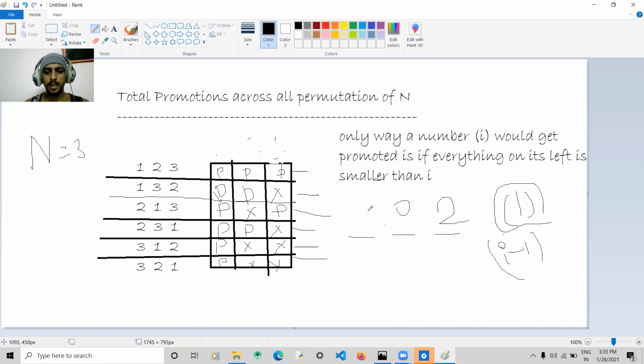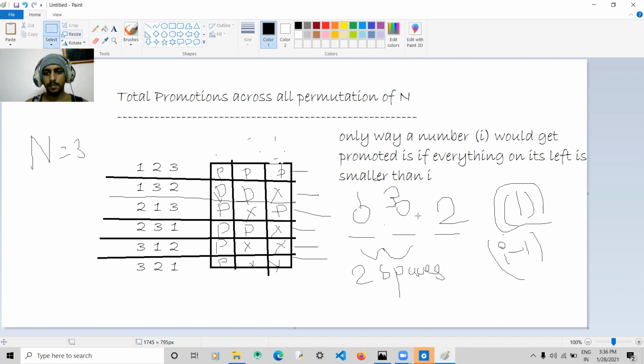So if there are more than i minus 1 spaces here, 2 spaces, then he won't get promoted because you end up using a number bigger than 2. There are simply not that many numbers smaller than i.